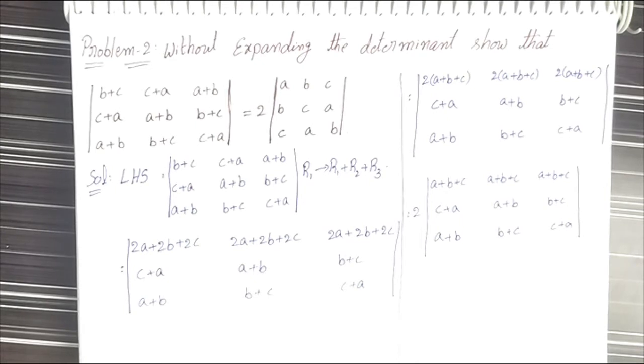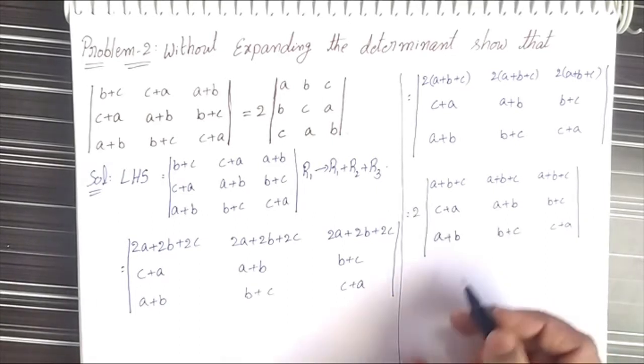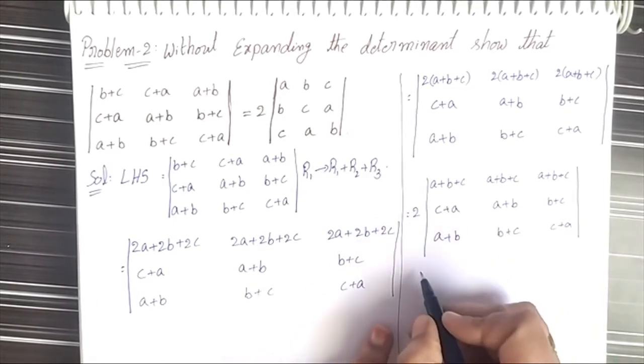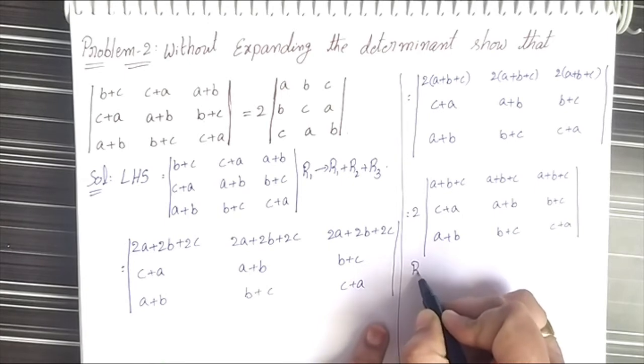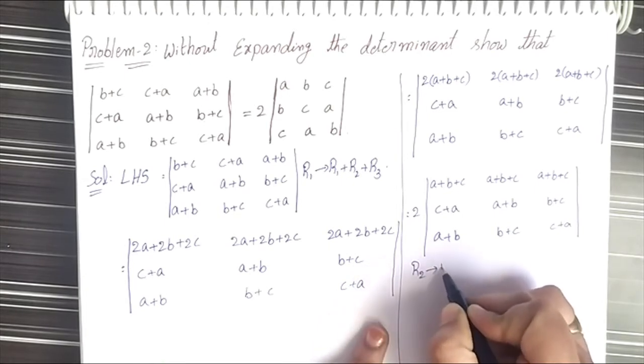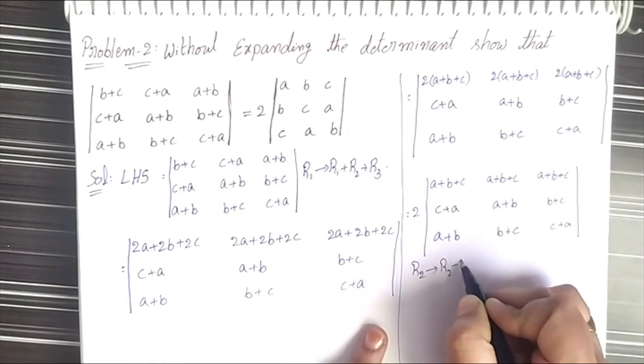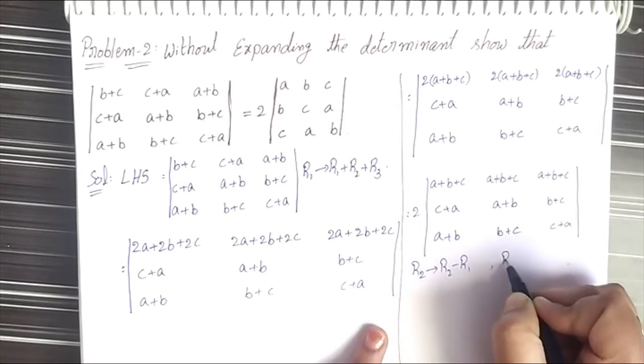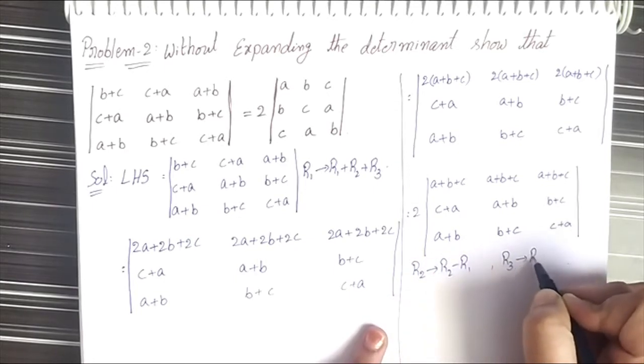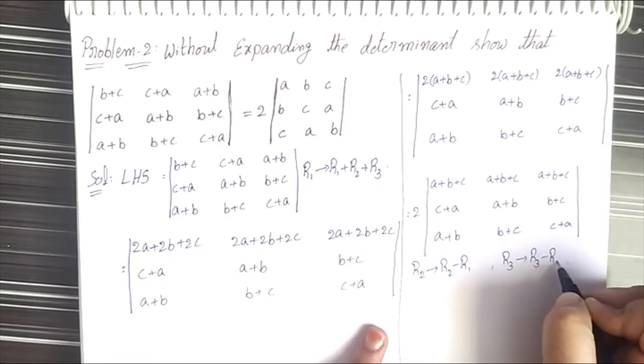In this, we take some more operations: R2 becomes R2 minus R1, and R3 becomes R3 minus R1.